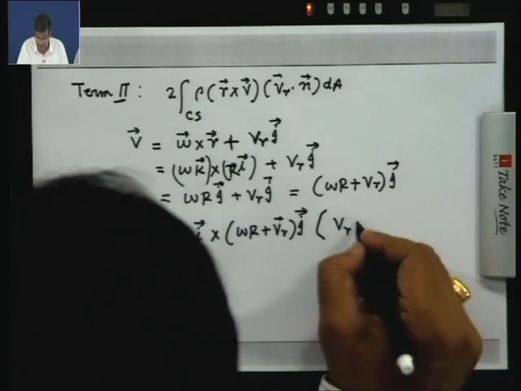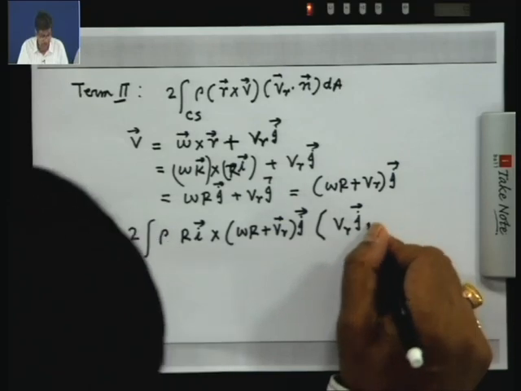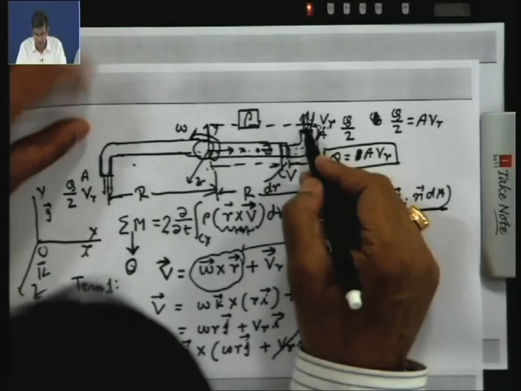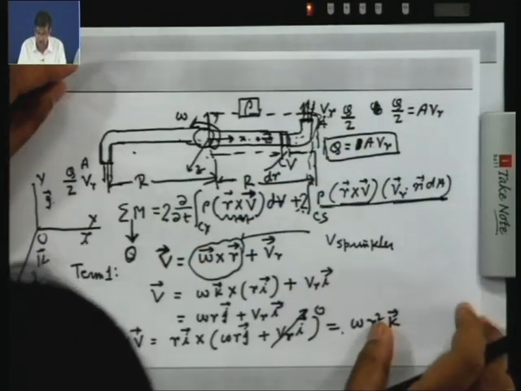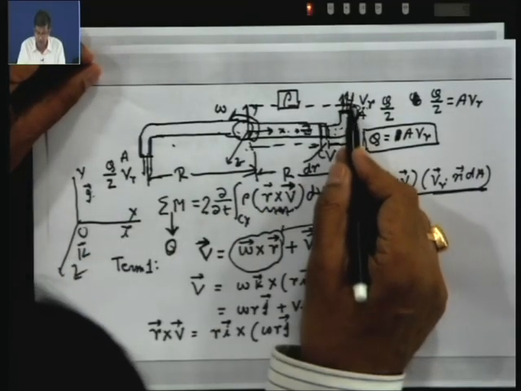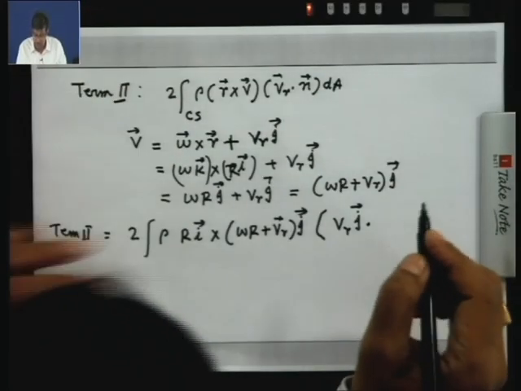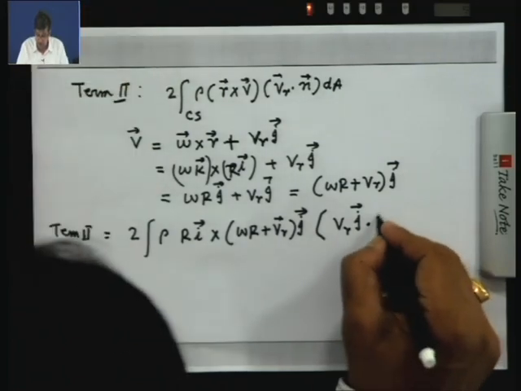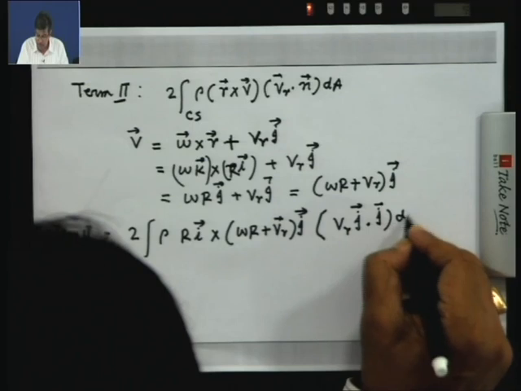V_R is V_R j, dotted with n, which is also j because n is radially outward and j is in the positive y direction. This velocity relative to this is in the positive y direction, and the outward normal is also in the positive y direction, j times dA.